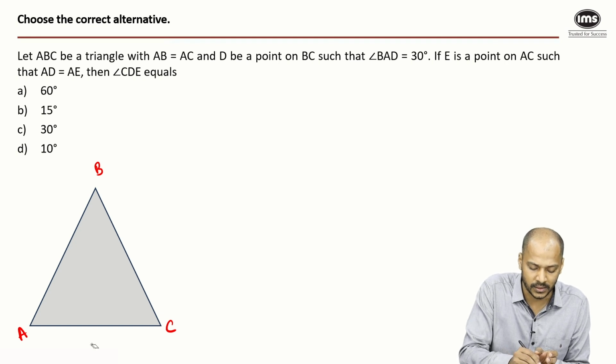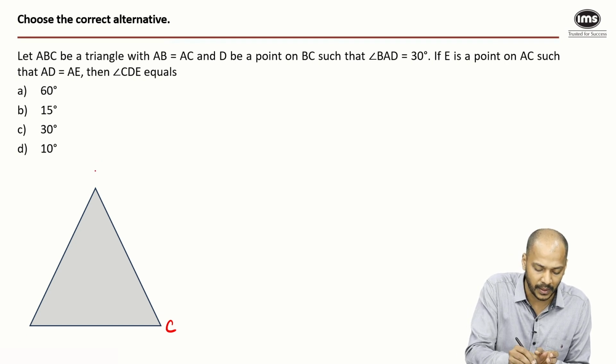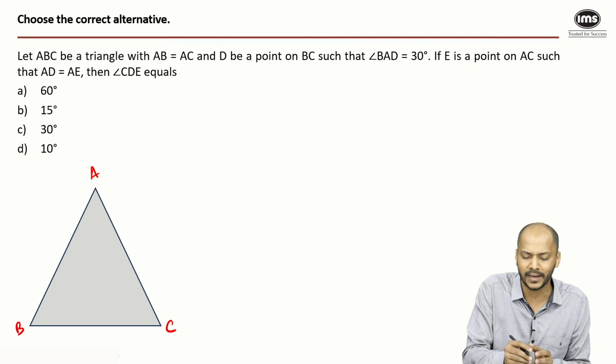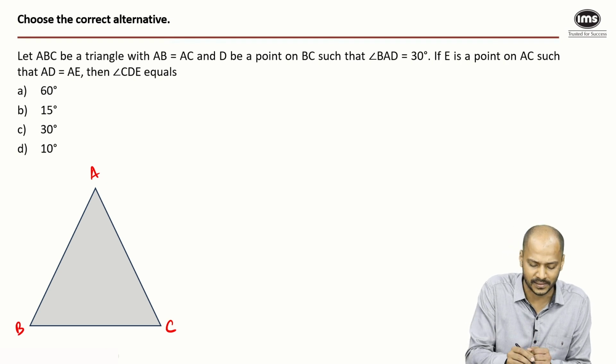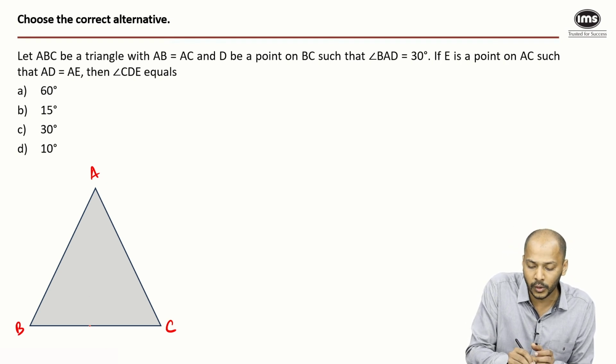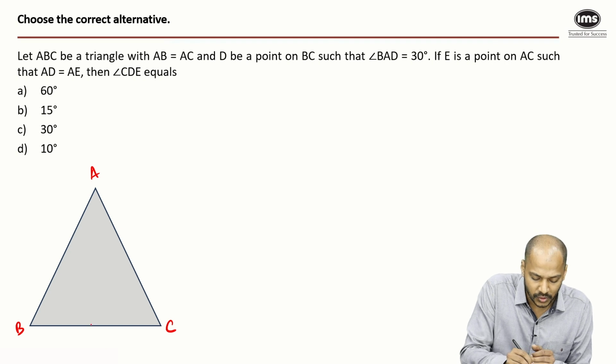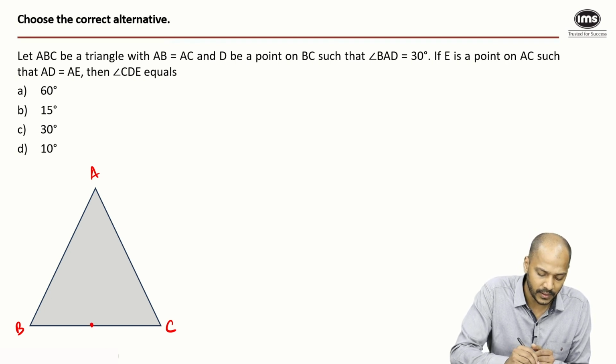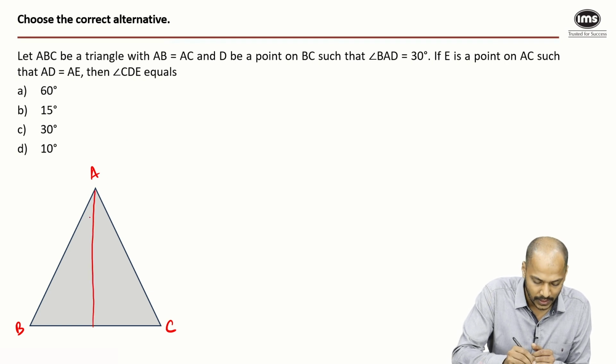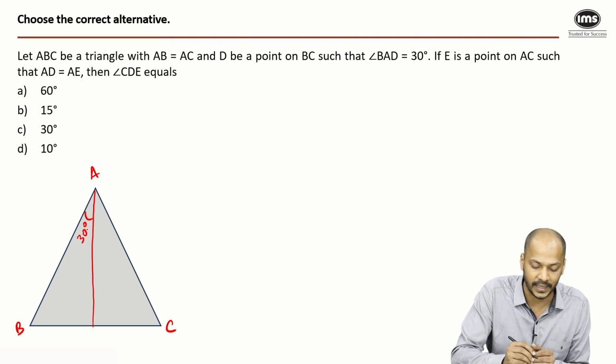So I'll name it A, B, C because I like taking the point on the base. So let D be a point on BC such that BAD is 30 degrees. If I join this line, this angle is 30 degrees.